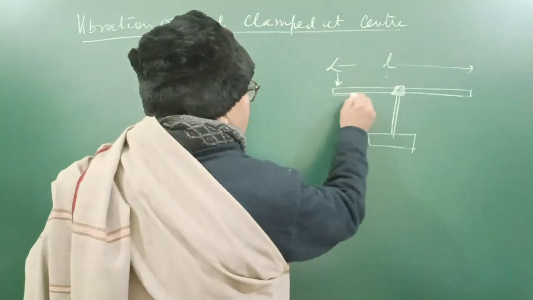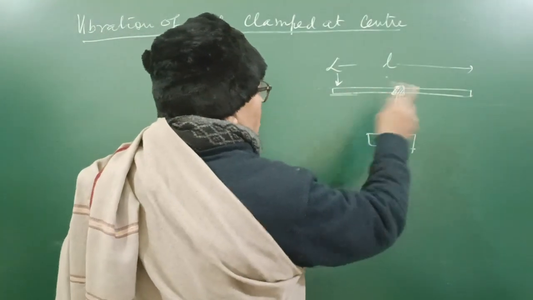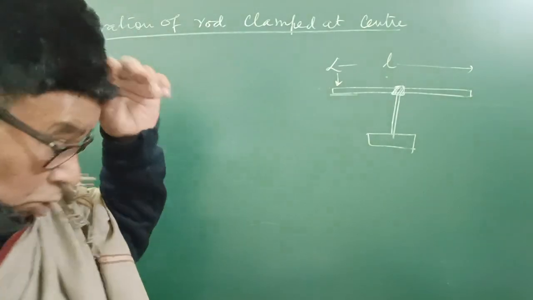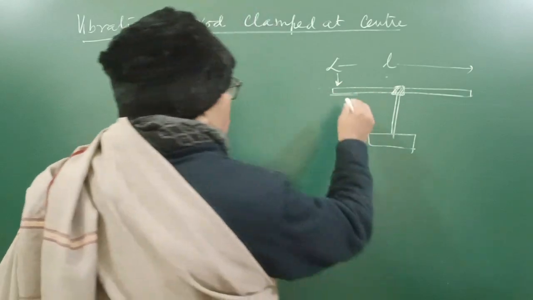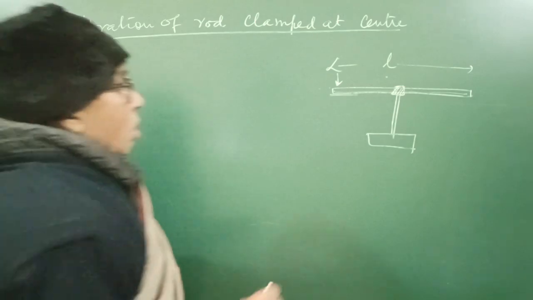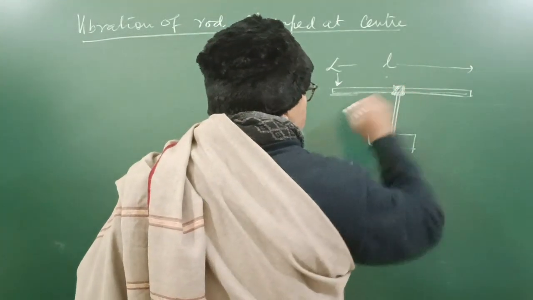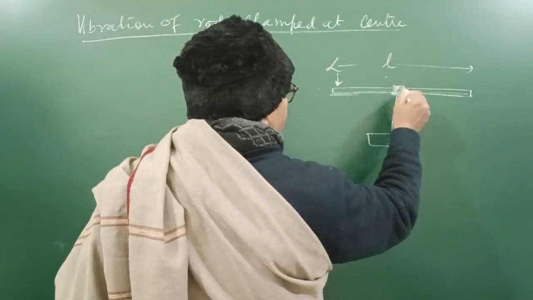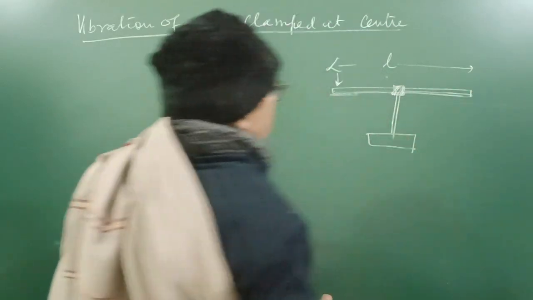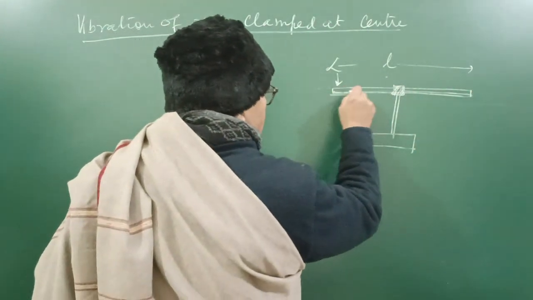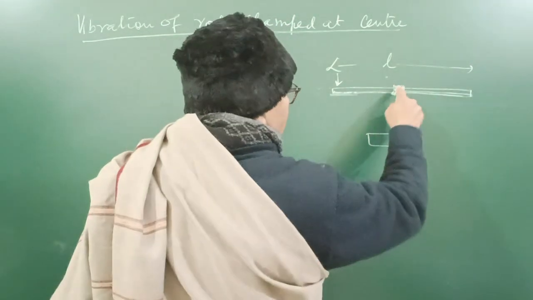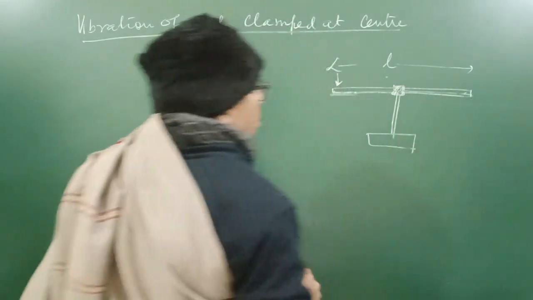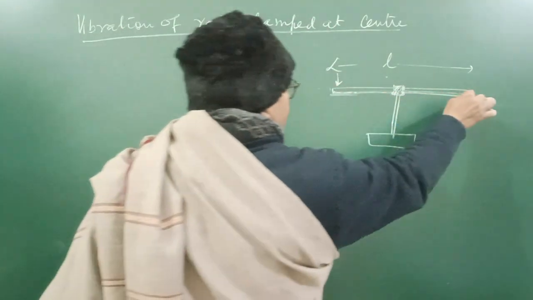Longitudinal wave by rubbing it along the length. So vibration of molecules of the rod will be along the length. So the wave will travel this way. Here it is the rigid boundary. It will be reflected as well as transmitted. The wave produced here will travel through the rod, get reflected from here as well as transmitted through this. The ends are free.